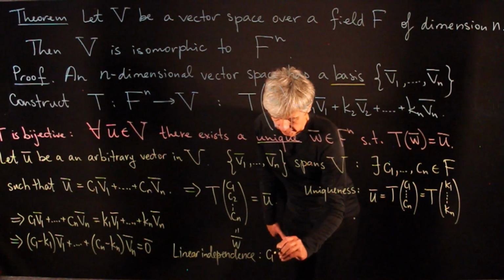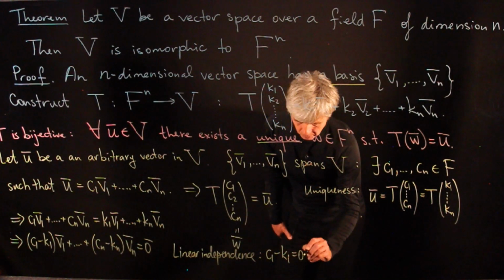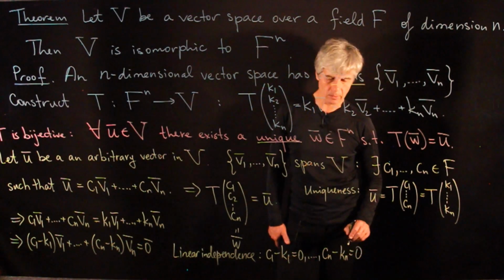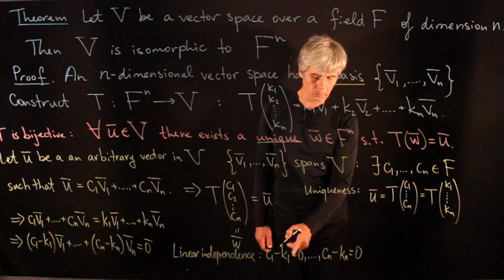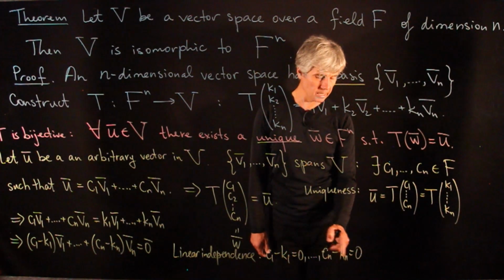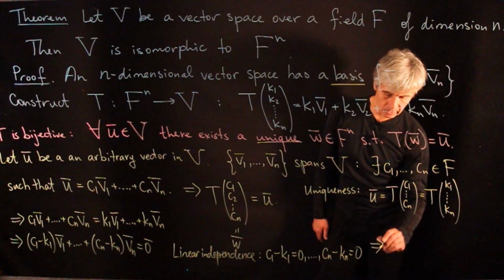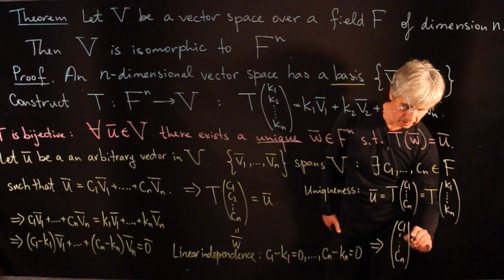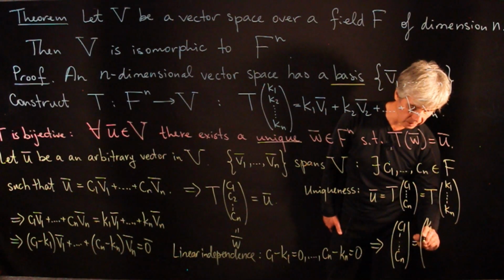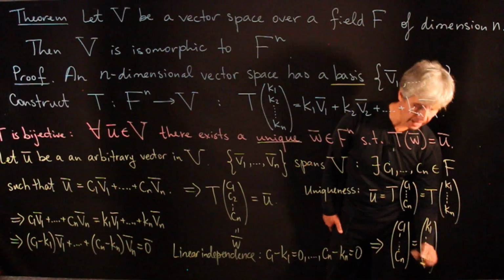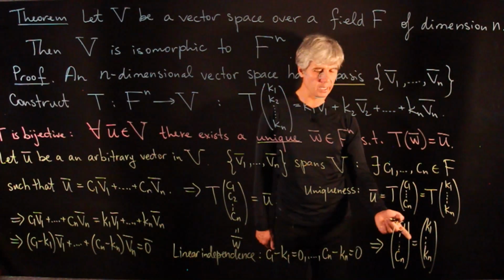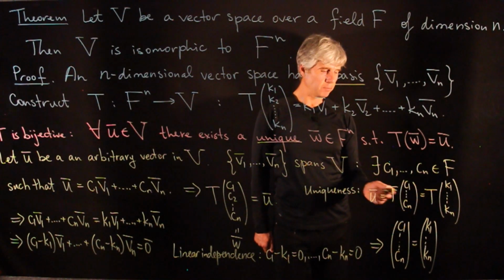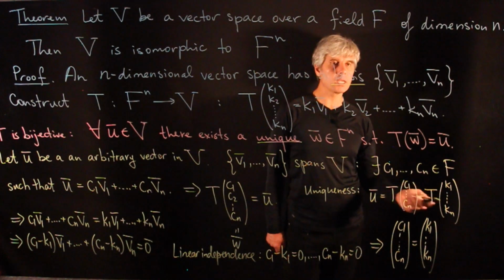So we have C1 minus K1 is equal to 0, and Cn minus Kn is also equal to 0. But then this means that C1 is equal to K1, and so on, Cn is equal to Kn. And so this implies that the vector C1 ... Cn is equal to the n-component vector K1 ... Kn. And we proved exactly what we had to prove. So we proved that any vector cannot have two distinct pre-images.